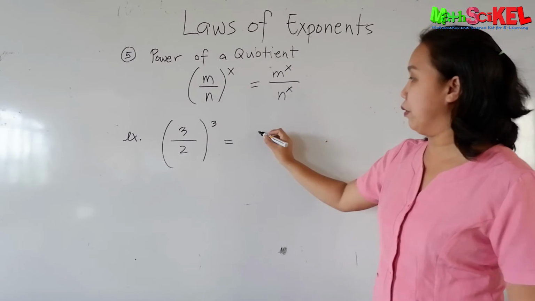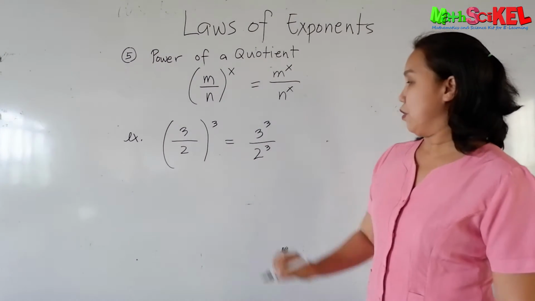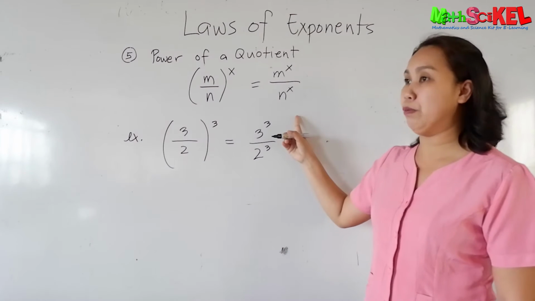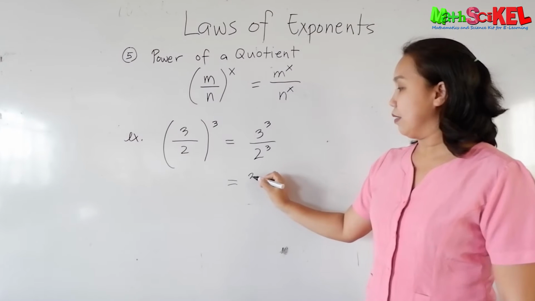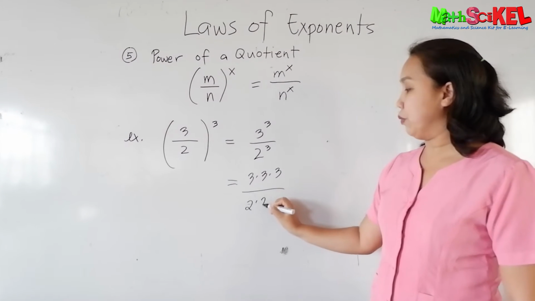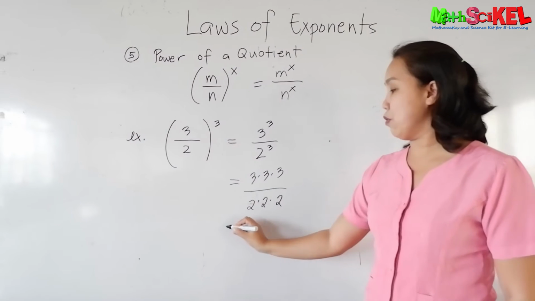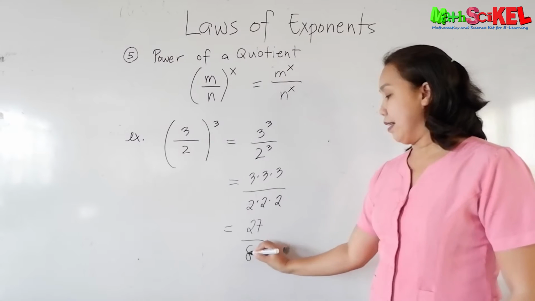So we will distribute the cube to each term. That will become 3 cubed over 2 cubed. Simplify: 3 times 3 times 3 over 2 times 2 times 2, which is 27 over 8.